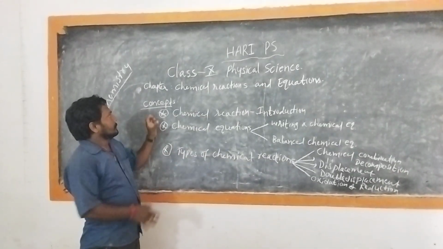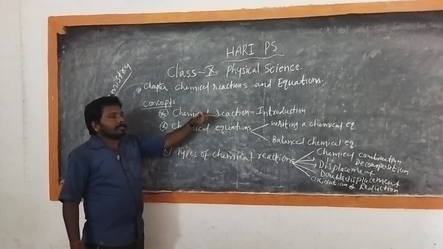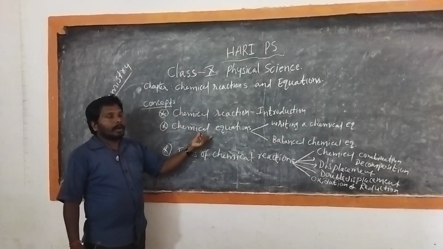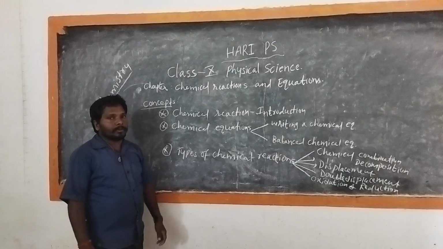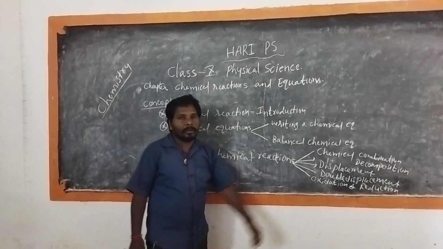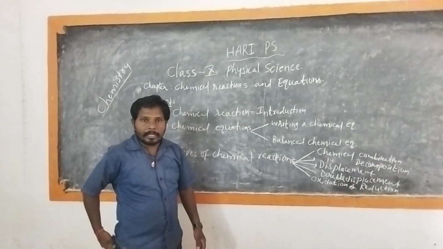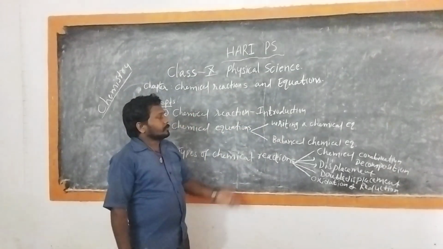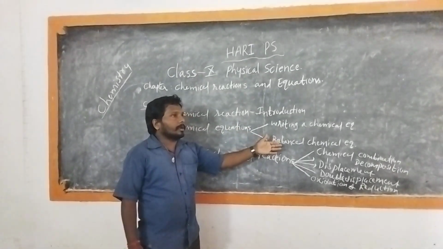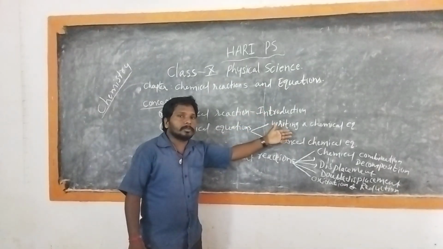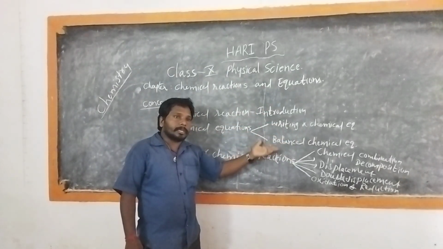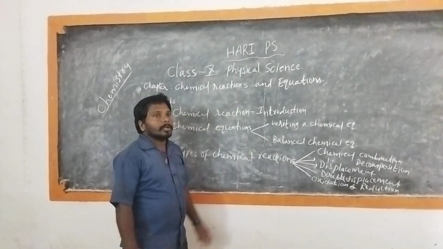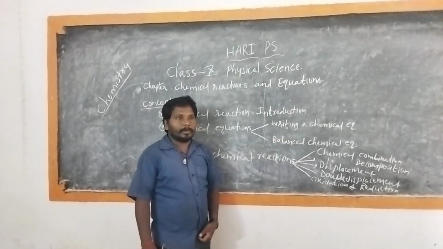So once again, chemical reaction is the introduction to the chapter. In chemical equations, writing a chemical equation, what are the steps you have to follow? Then the balanced chemical equation: here you have to follow certain rules for making a chemical equation into a balanced chemical equation to prove the law of conservation of mass.